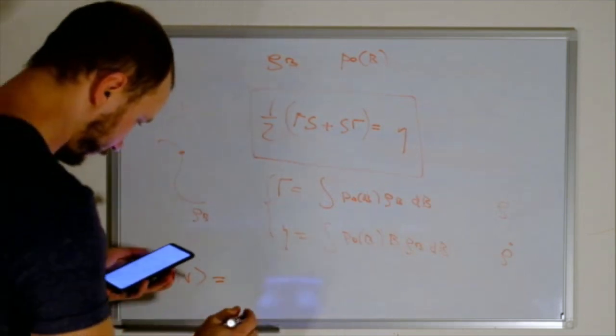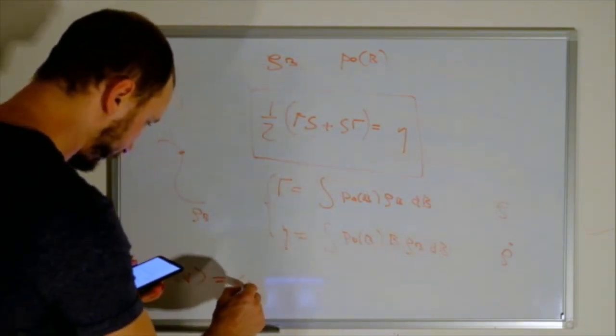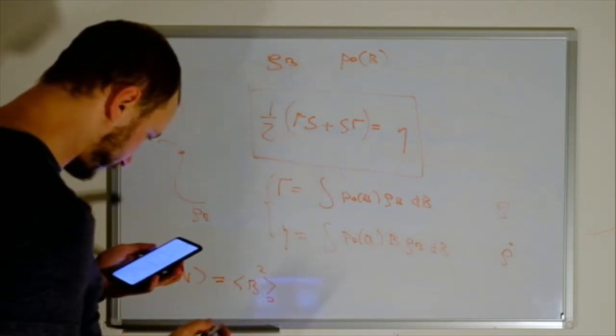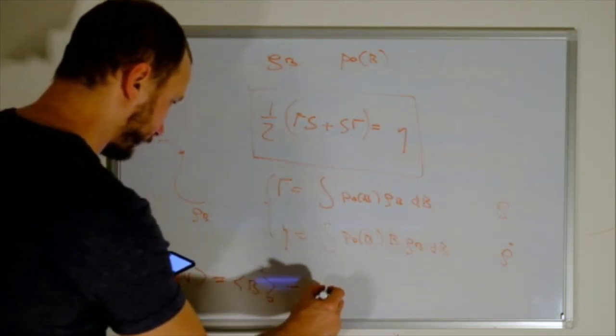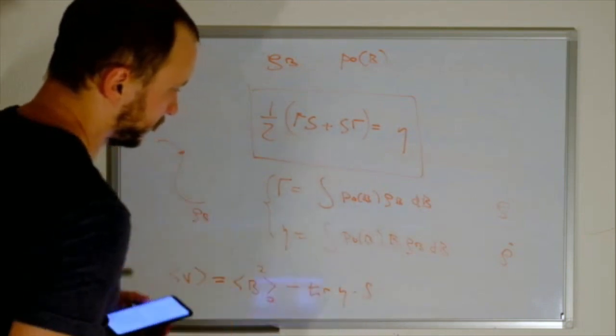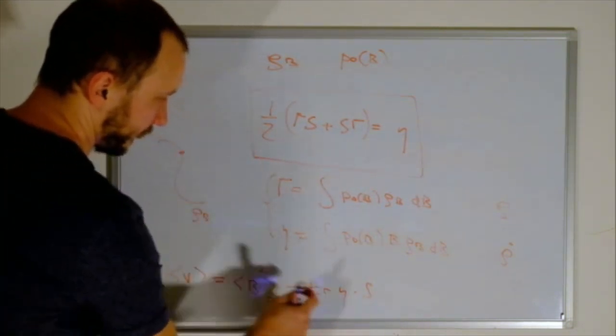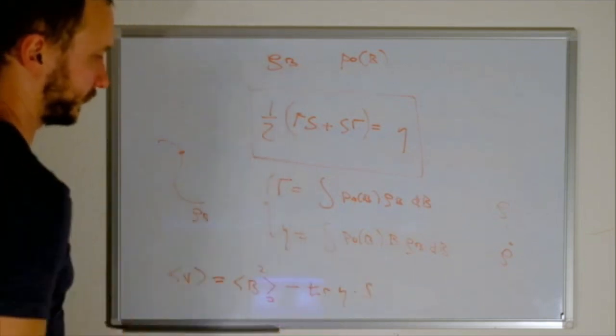The expected variance will be the prior second moment minus trace of beta times S. Same as it was. This term is like for the QFI, right? Rho dot times symmetrical integrated.